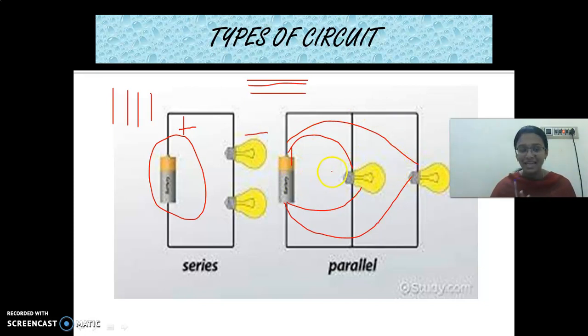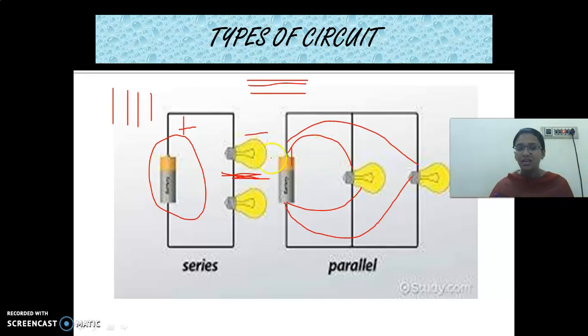If in case a break takes place here, if this circuit is disconnected here, whether the bulb glows, you need to tell me. There is no connection between these two. Whether the bulb glows or not. Yes, very good. The bulb does not glow in this state because it is an open circuit.